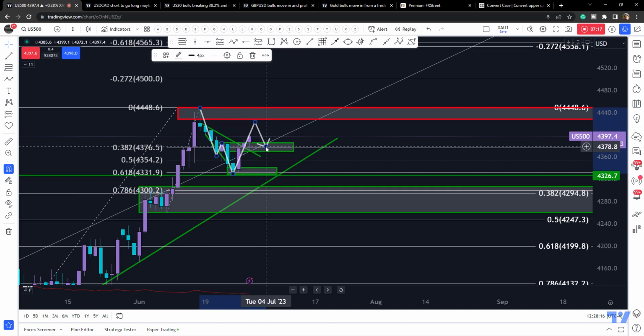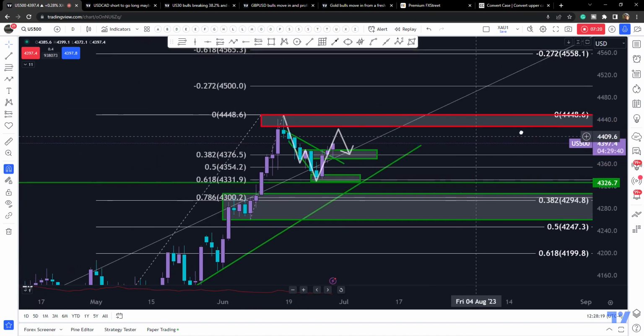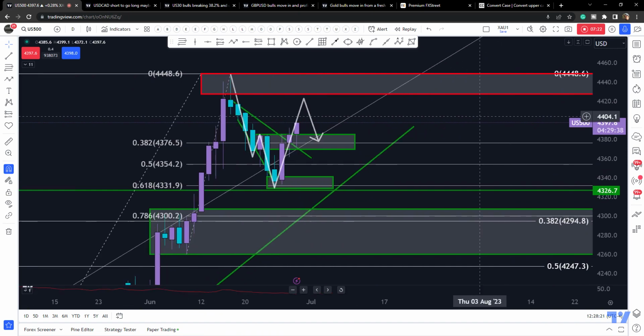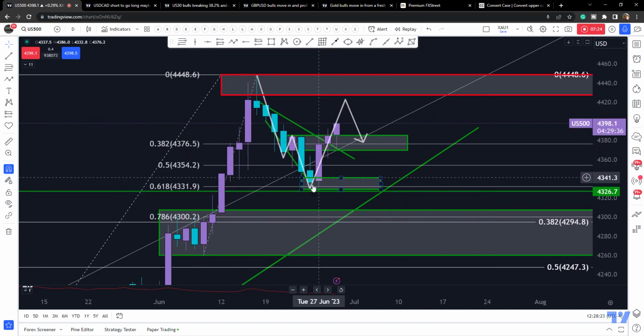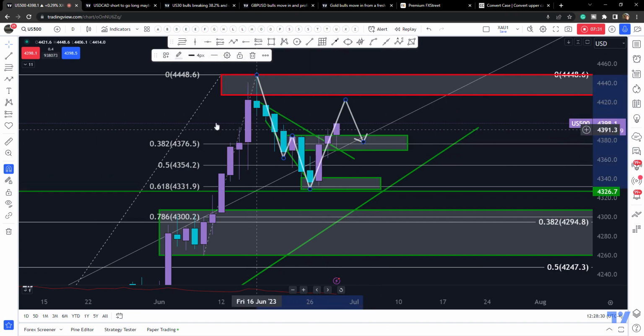and a pullback. So what I would be doing in that regard is just letting this play out. I'm not going to be chasing and buying this breakout. I want to watch for a dip. So let's clean up the chart.